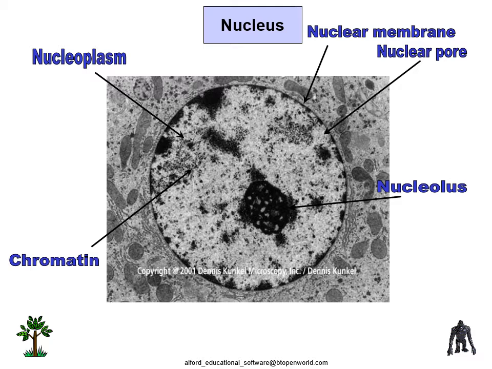So although the nucleus we can see under the light microscope, the resolution of the light microscope is limited by the wavelength of light. An electron beam has a much shorter wavelength, and so gives us a much greater resolution, which is why when we use an electron microscope we can actually view these internal structures. So we can see the chromatin and we can see the nucleolus within the nucleus, and we can even make out those nuclear pores in the double membrane.